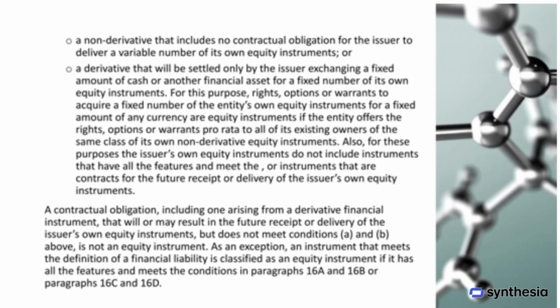Certain instruments are excluded, such as those designed for future delivery or that meet specific liability conditions. A contractual obligation, including one arising from a derivative, that may result in the receipt or delivery of the issuer's equity instruments but does not meet the criteria for equity, is not classified as an equity instrument. However, in some cases, a financial liability can be treated as equity if it meets specific features and conditions defined in the standard.